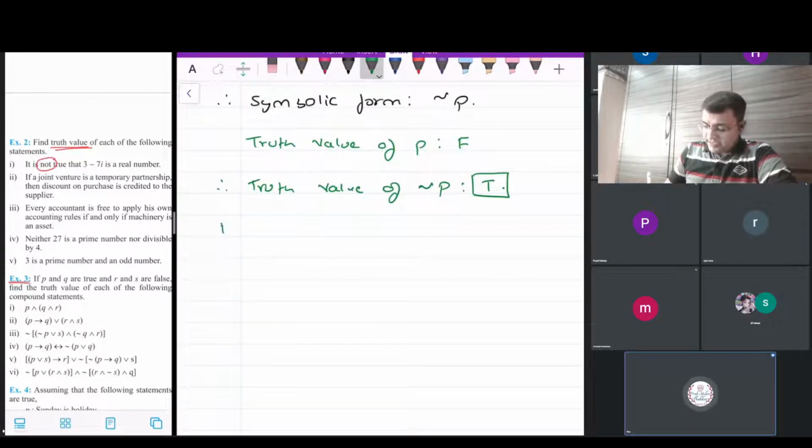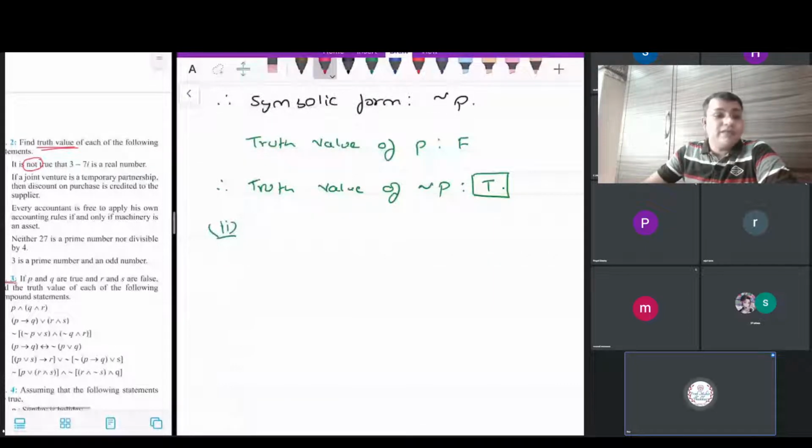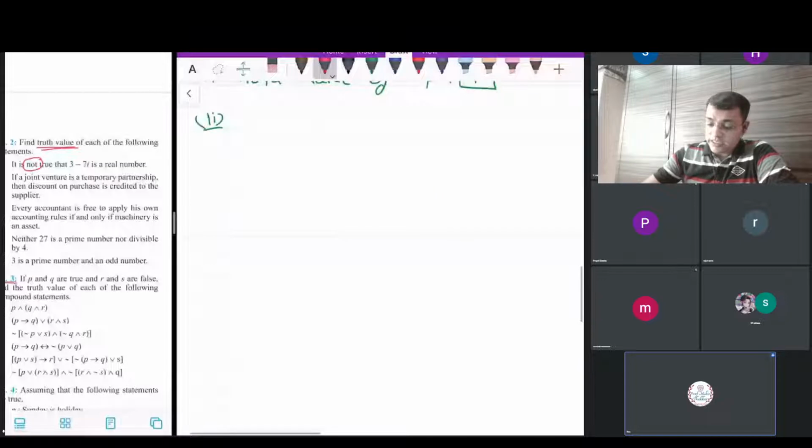Now let us see the second one. Second one says if joint venture is a temporary partnership, then discount on purchase must be credited to the supplier. Now this is an if-then statement. Let us first of all write P and Q and then we will think about the truth values of this. So here the statement that comes with if is the first one, joint venture is a temporary partnership. So let me write it over here.